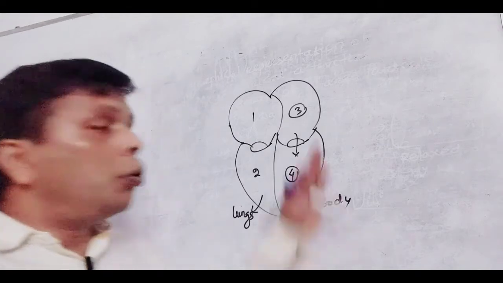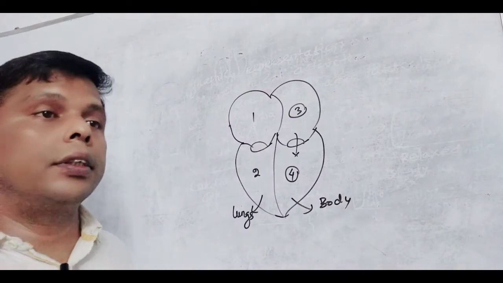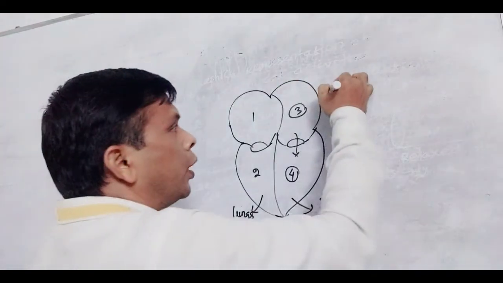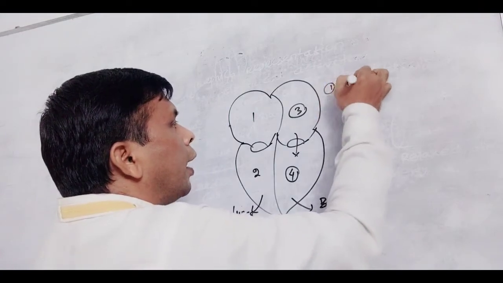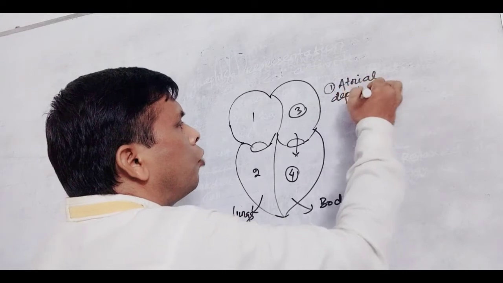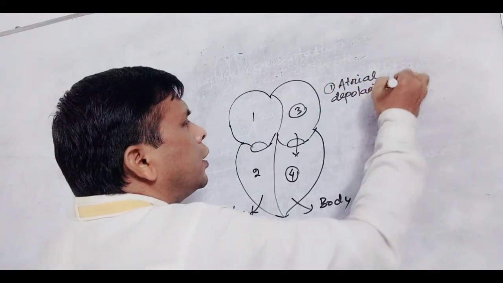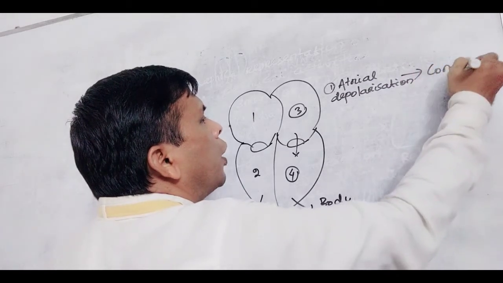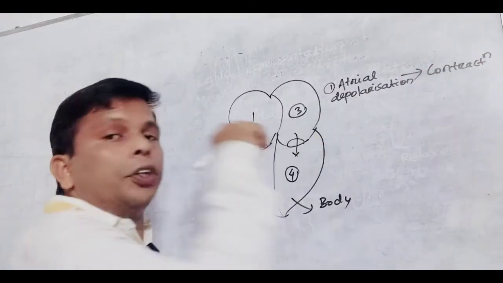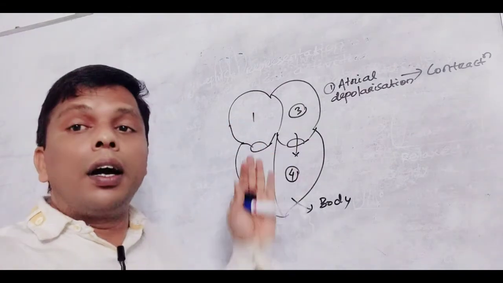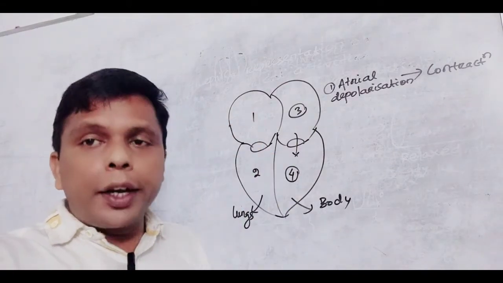So which type of electrical events go on first and which after that? There is atrial depolarization first. The event 1 is atrial depolarization. It leads to contraction of the atrium, the first event, atrial contraction, so that the blood can enter into the respective ventricle.